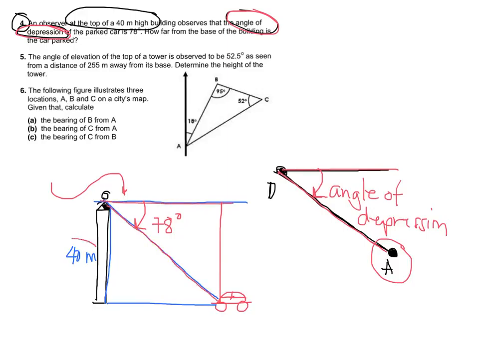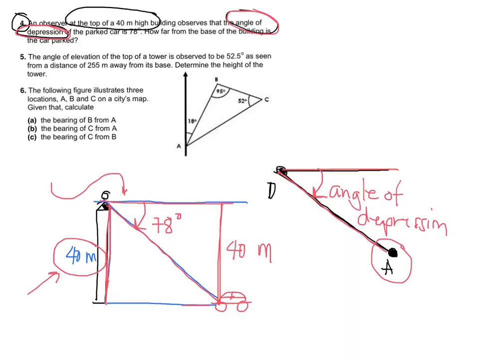If the building is 40 meters high, from the figure you can see that this height on this side is the same as on this side. So if this is 40, then this must be 40. Now, the question is, how far from the base of the building is the car parked?